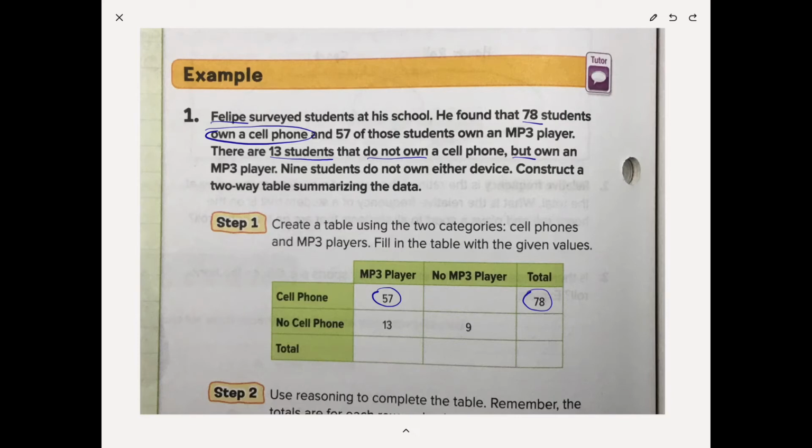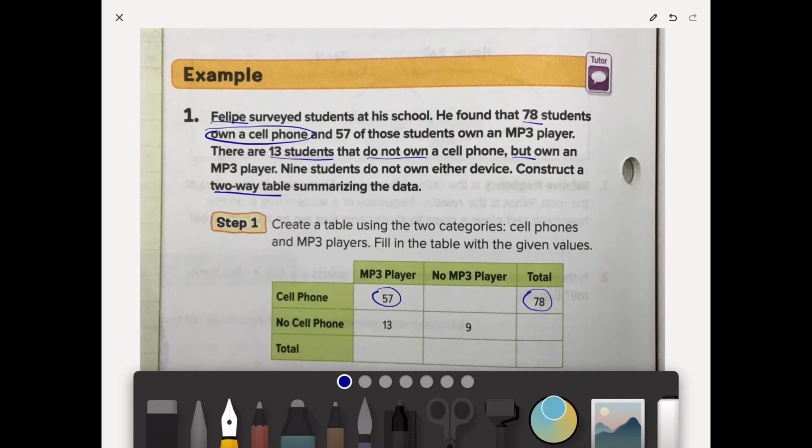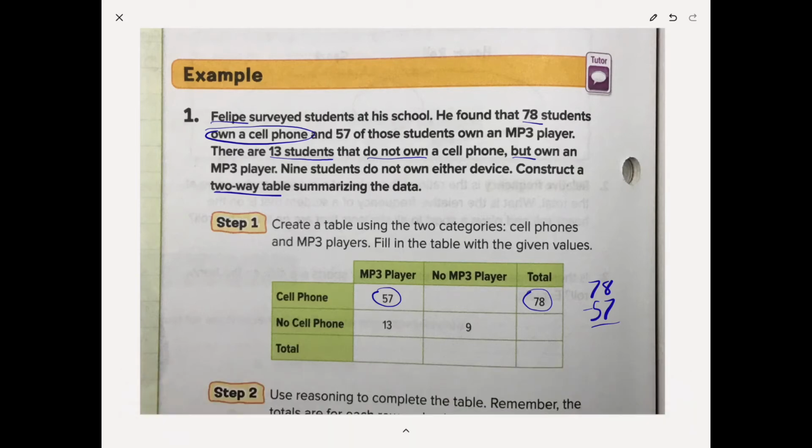Now, knowing this, we can finish the two-way table. We can fill in the blanks. 78 people, take away the 57 that have the MP3 player and the cell phone, will leave us with whatever goes in the no MP3 player box.